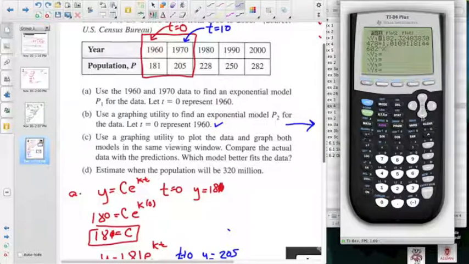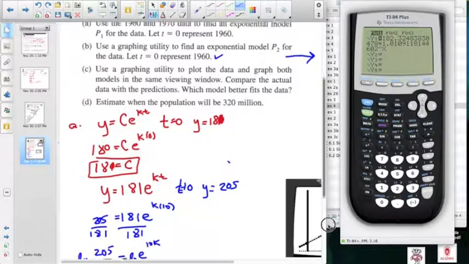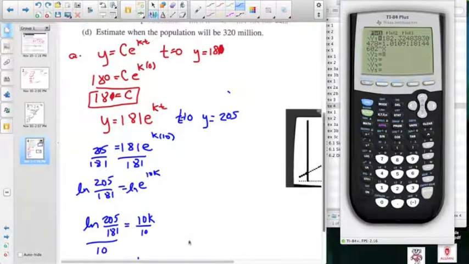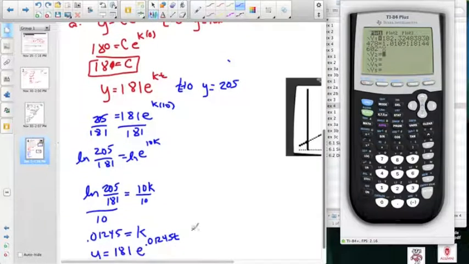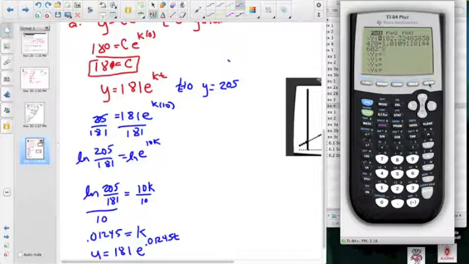There's our regression equation. And then we can also graph this relationship here, the 181e to the 0.01245t. If we take a look at this one first, there's our exponential regression, pretty good fit.